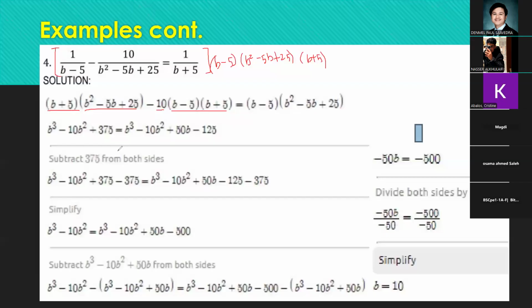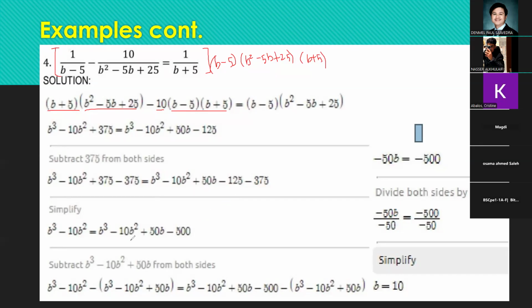Let's see what happened next. First it wants to eliminate the 375 by subtracting 375 on both sides. So this would cancel, and then we will now have a new negative 375 in here. And then simplify. So b cubed, negative 10b squared, and negative 125 minus 375 is negative 500.